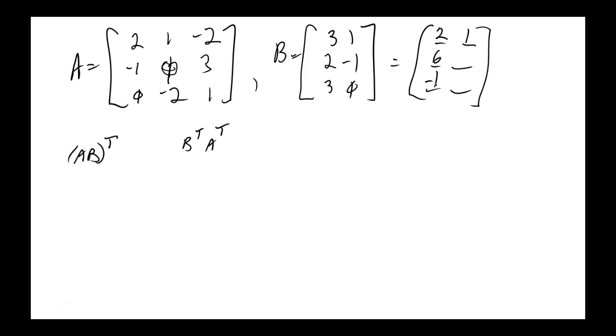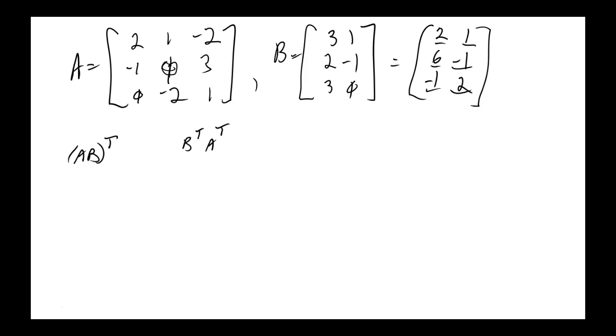Okay, next. -1. All right. Second row, second column. Okay, -1, and 0, and 0. That's -1. Perfect. Next. Two. Perfect. Okay, now that's AB.